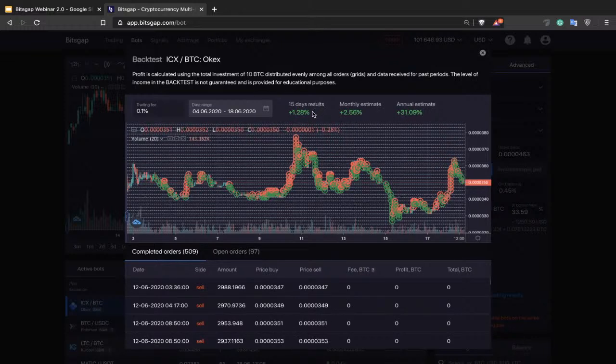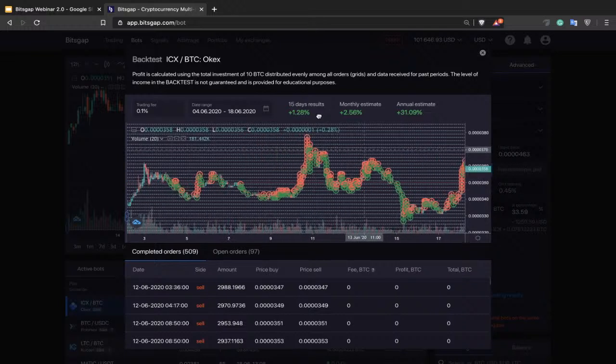So in this case, as the market was falling, the bot would have only generated 1.28% for that period, for the period of 15 days. And yeah, so what is backtesting all about? It takes historic data to simulate, to test.